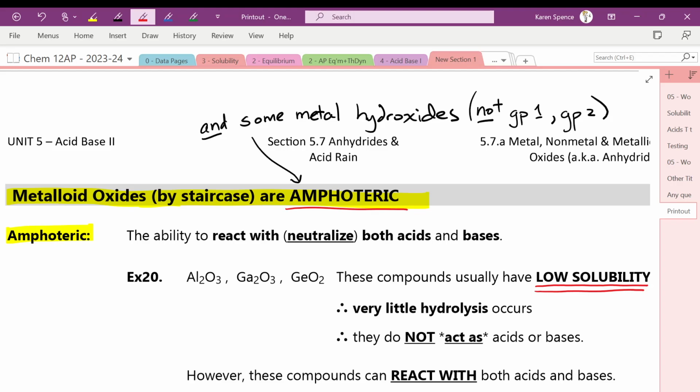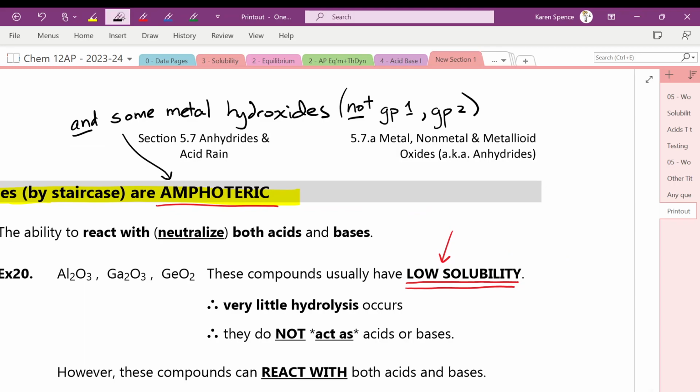But because they are low solubility, there is no OH- or H3O+ produced in water. And that's why it's not amphiprotic.